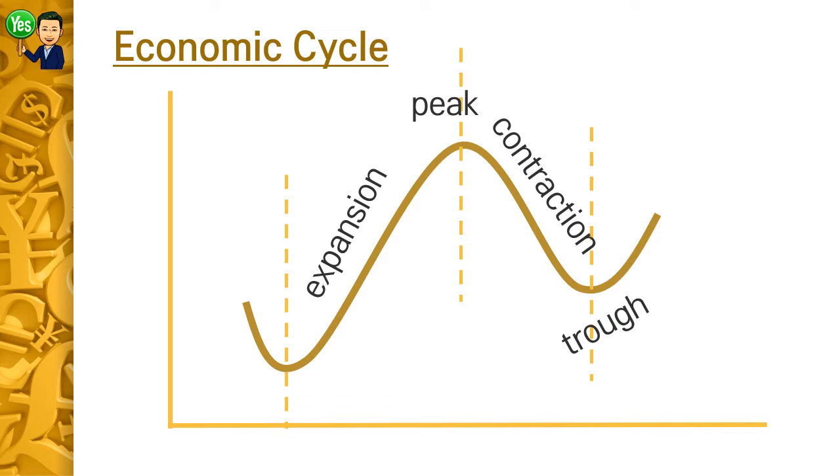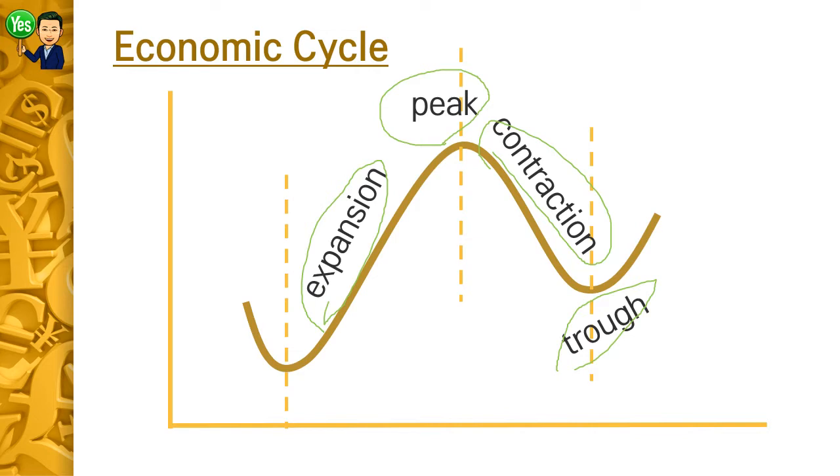There are four stages. One is expansion, the growth time. Then peak is the maximum time of growth. Contraction means the business going down, and trough means going back up again.